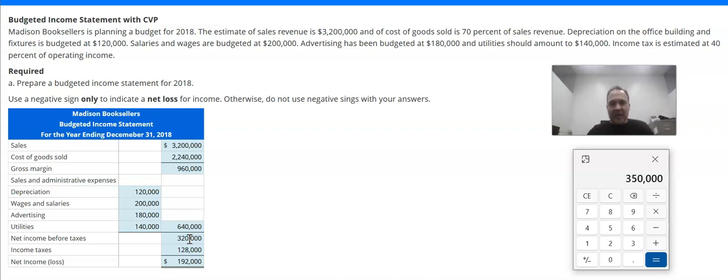Then I would subtract 140,000 from 350, and I would end up at 210,000. But we're going kind of backwards here, right? So instead, I take the 210 and I divide it by 0.6. All right. So I've got 350,000.